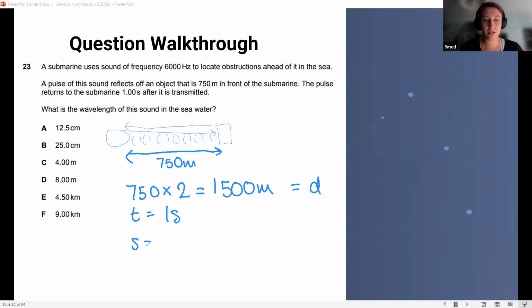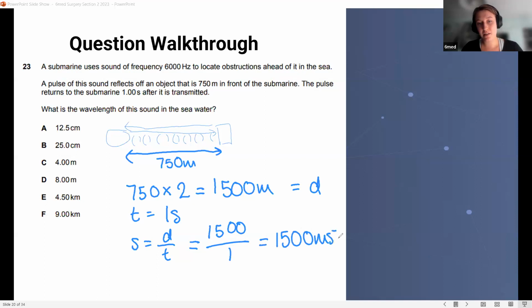So we know our speed equals distance divided by time, which we can also change to velocity. It's up to you. So that equals 1,500 divided by 1, so that's 1,500 meters per second. Now we know we have our velocity.